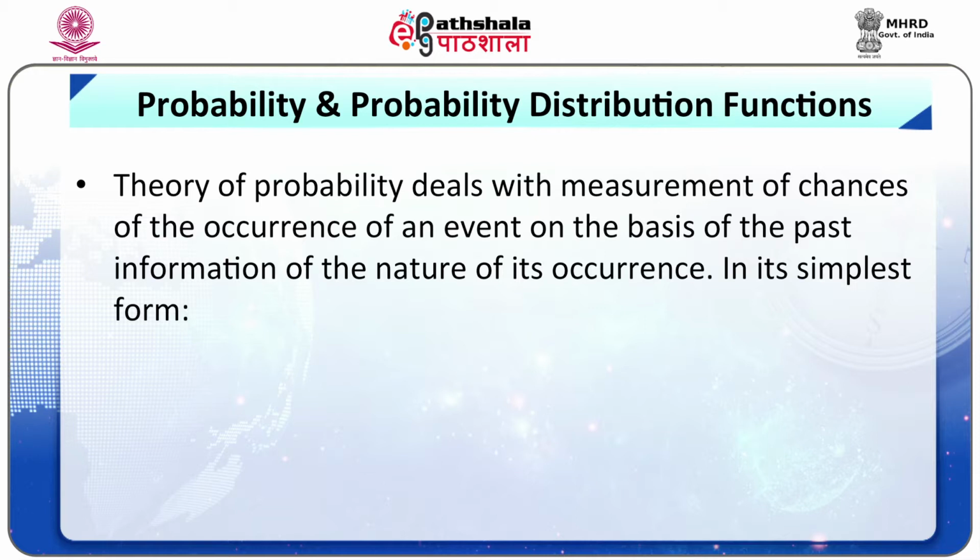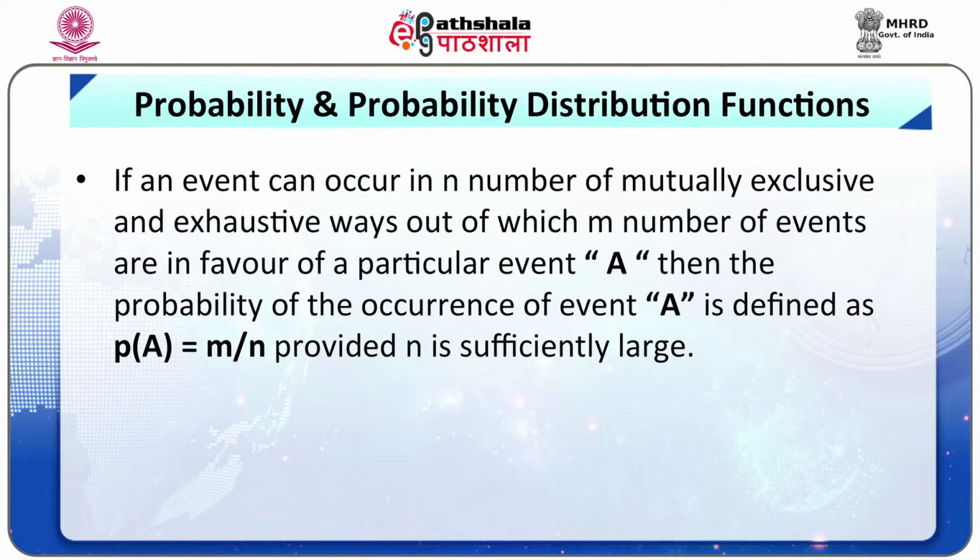It can also be measured empirically on the basis of the past record of its occurrence. In its simplest form, if an event can occur in n number of mutually exclusive and exhaustive random ways, out of which m number of events are in favor of a particular event A, then the probability of the occurrence of event A is defined as P(A) = m/n, provided n is sufficiently large.